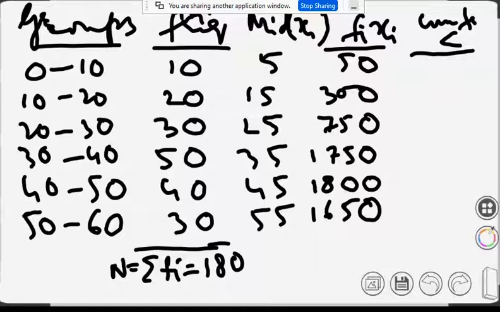So the first row frequency is 10, so cumulative frequency is 10. Then next is 10 plus 20, that gives you 30.